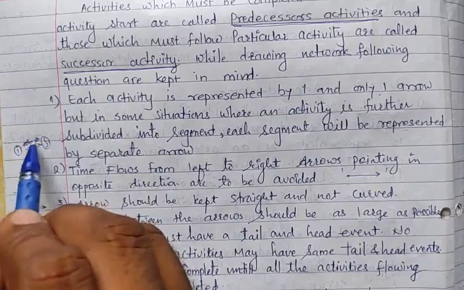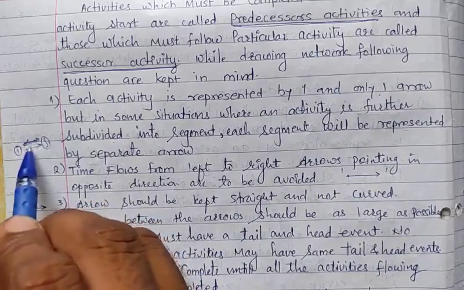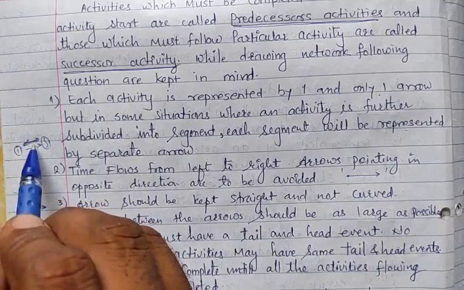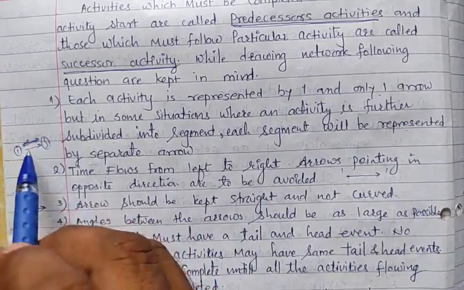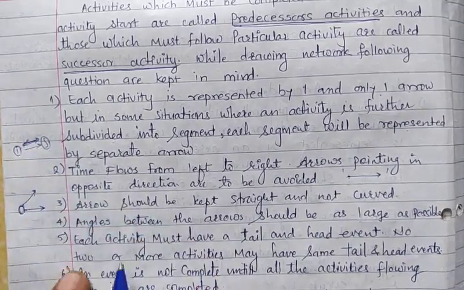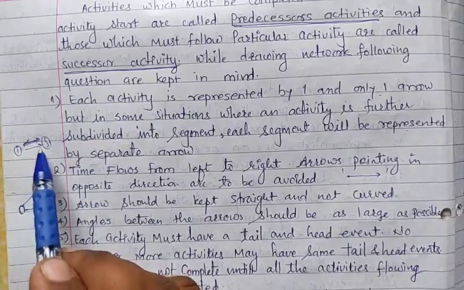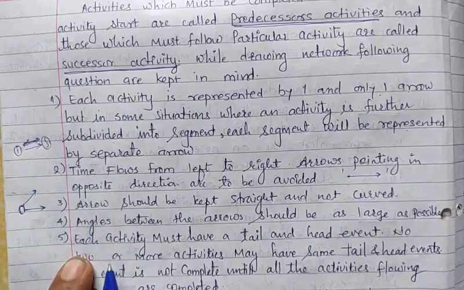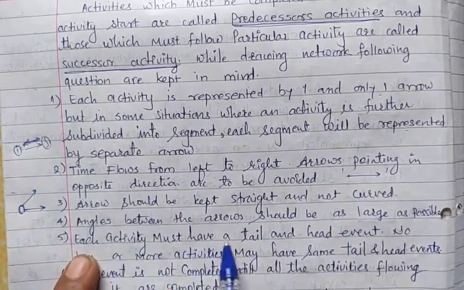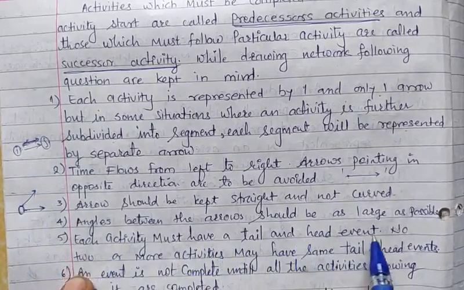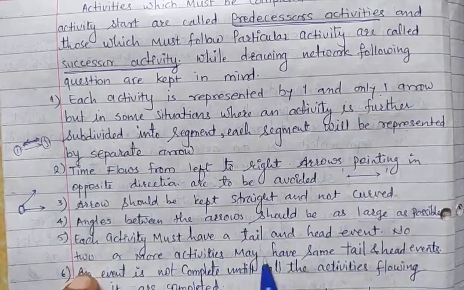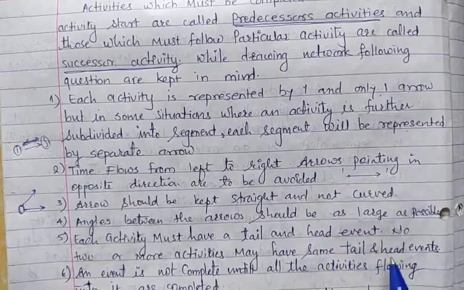If we draw straight lines, the angle between these two lines will be 0, so we cannot make any activity whose end point and tail point will be the same. So each activity must have a tail and a head event, and no two or more activities may have the same tail and same head events.